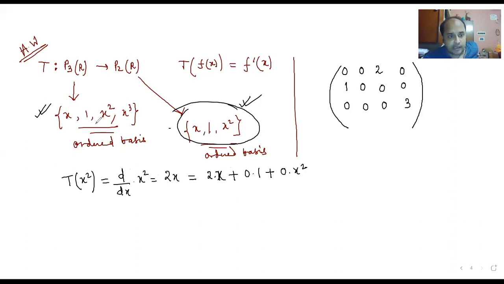If I choose Tx, Shomoy has written correctly. What you are saying, I am not getting your point. You are missing something, Abhipriya. Just look at this. I want to apply this linear transformation on each of these elements, and the item which will be obtained can be expressed in terms of 1, x and x square. Okay.